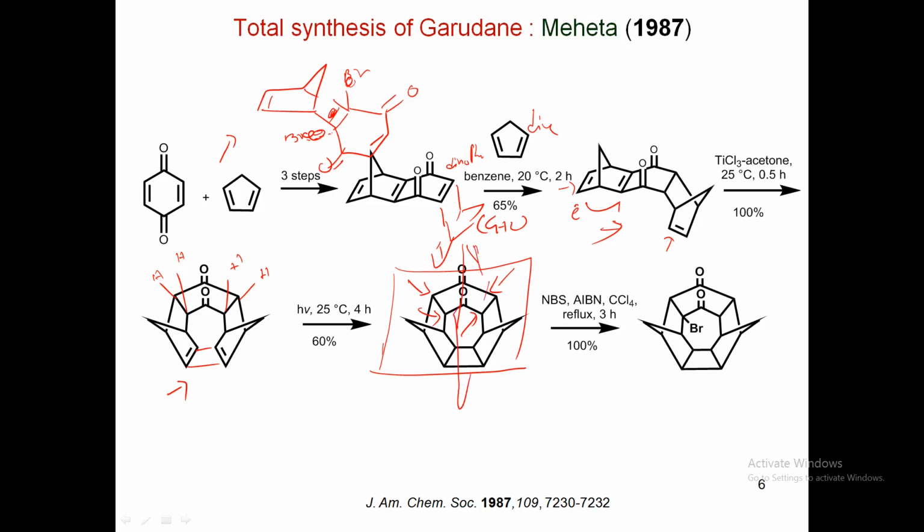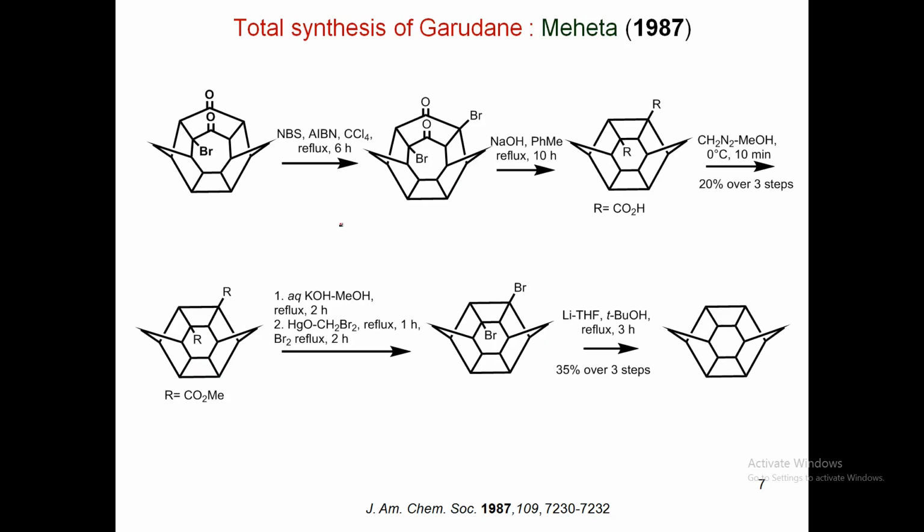As two planes are there, these four carbon centers are identical, and when we do one bromination, any of the sides would be the same, and we can generate this one. In the second bromination, to minimize the interaction, the most favorable bromination would be over there.